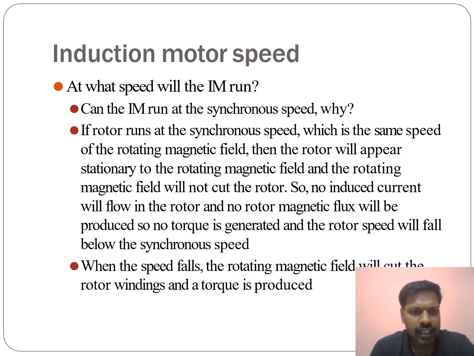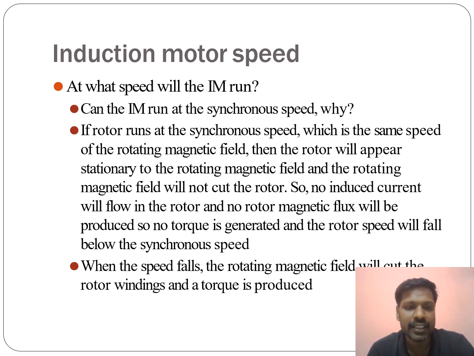Now a natural question is, at what speed will the induction motor actually run? Can it run exactly at synchronous speed? If the rotor were to run at synchronous speed, the rotor conductors would feel a stationary magnetic field with no relative motion between the field and the rotor. In that case, the rotating magnetic field would no longer cut the rotor conductors.